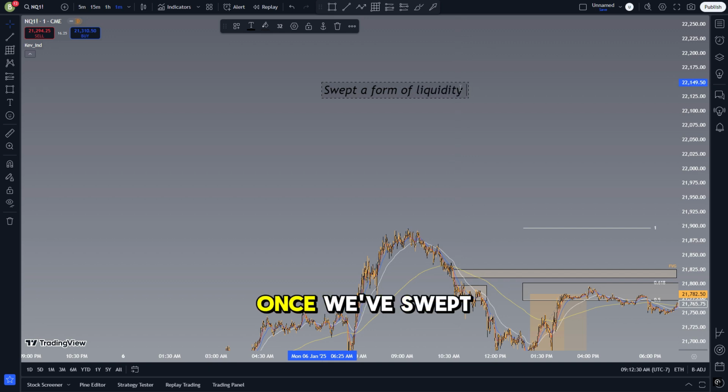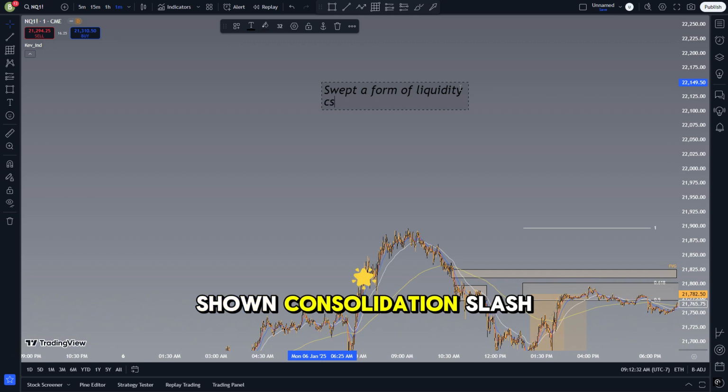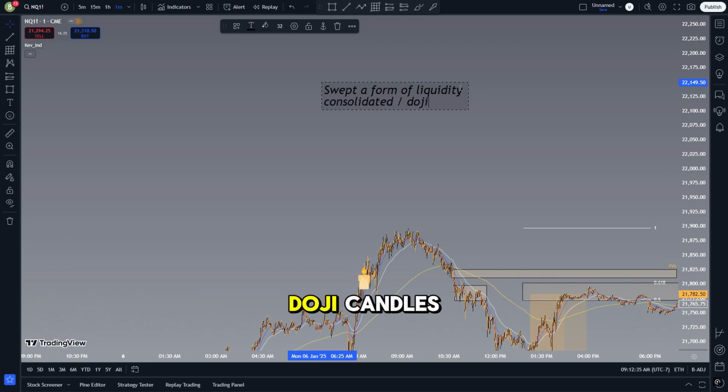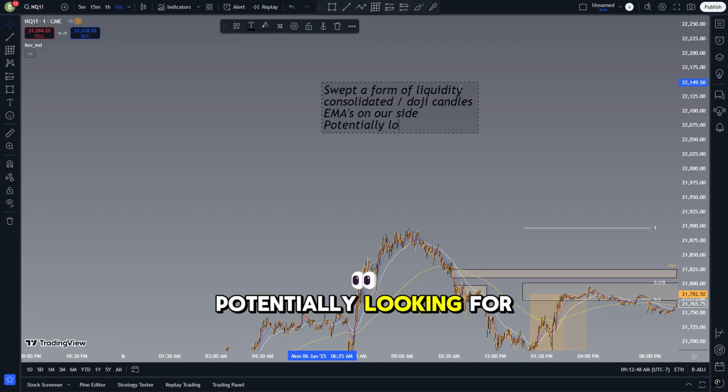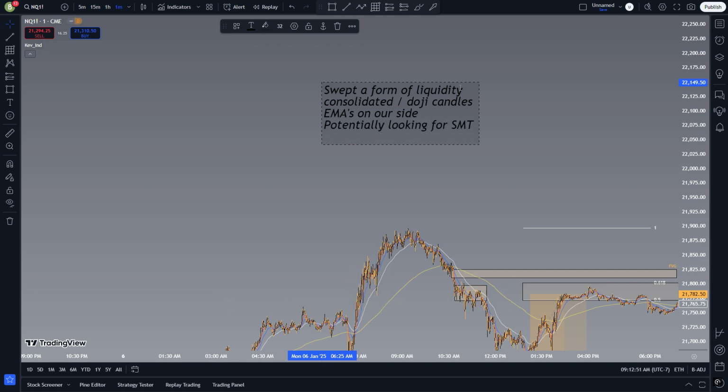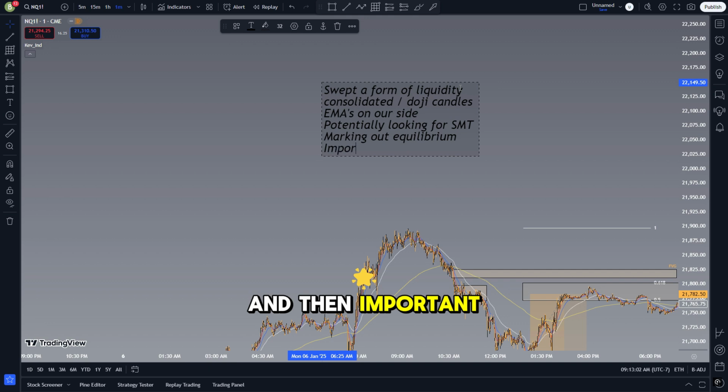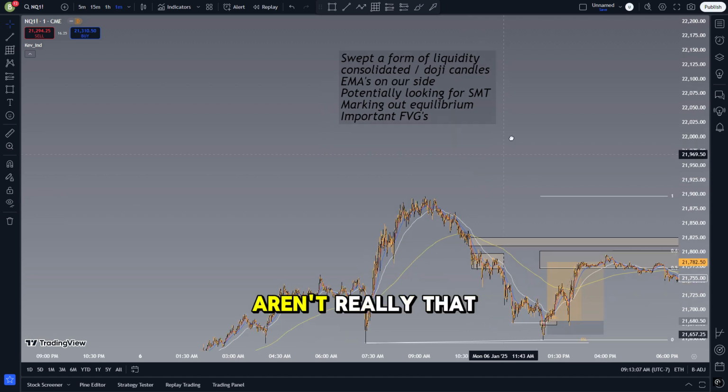We are also, once we've swept it, showing consolidation slash doji candles, making sure that we're not dumping even lower, making sure that we have EMAs on our side, and then potentially looking for SMT, marking out equilibrium, making sure that we have all these things, and then important fair value gaps, because there are a lot of fair value gaps that in reality aren't really that important.